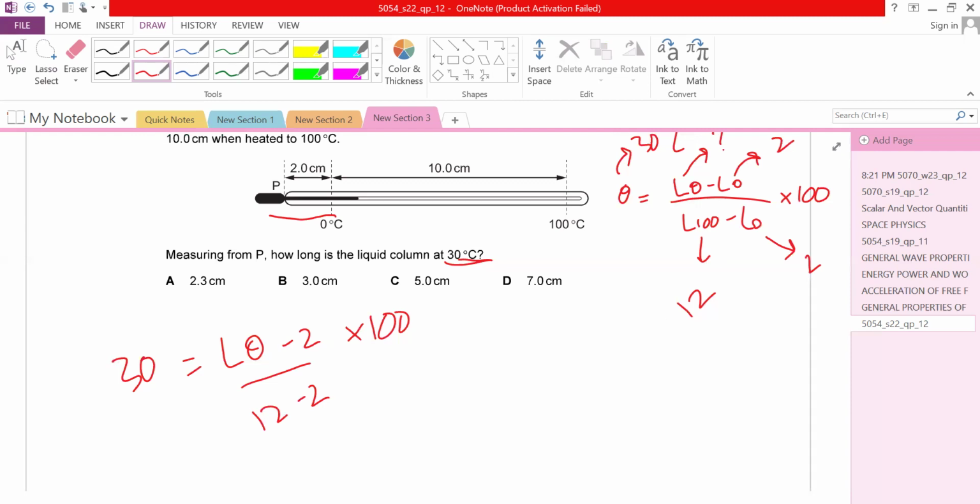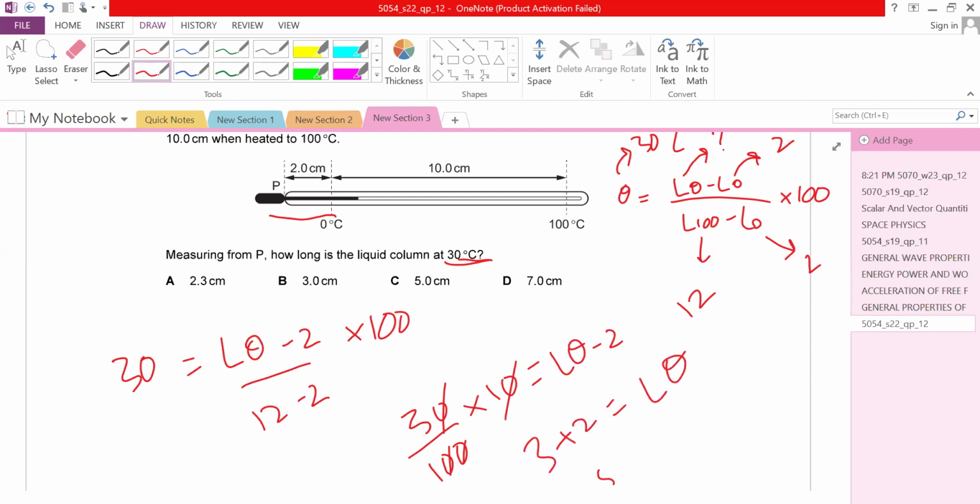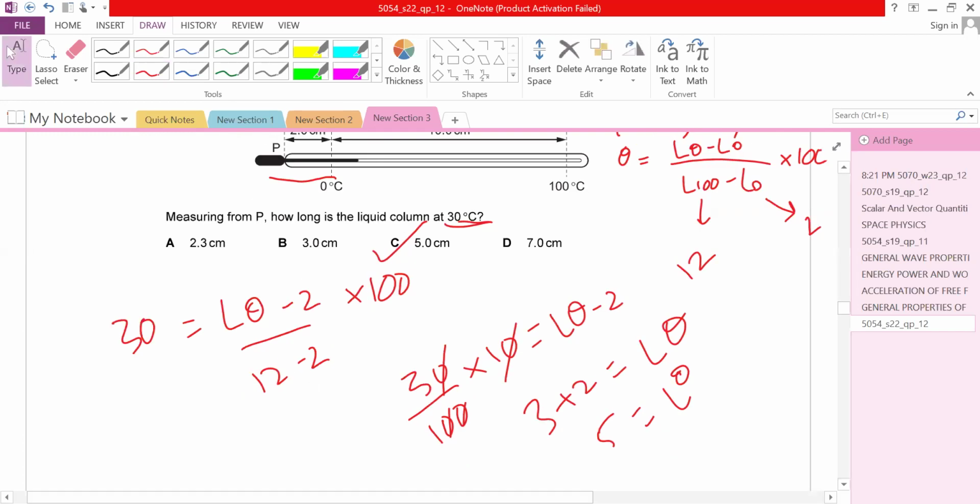This 100 is multiplying, it will be divided. 30 divided by 100, 12 minus 2 is 10, so 3 equals L theta minus 2. 3 plus 2 equals L theta, which is 5. So option C is correct for question number 18, which is 5 centimeter.